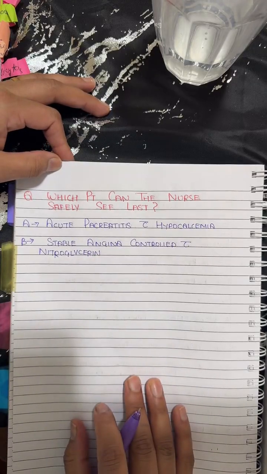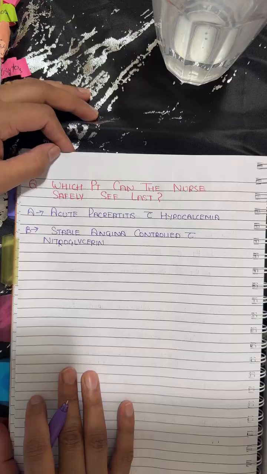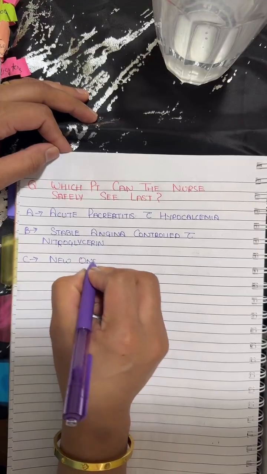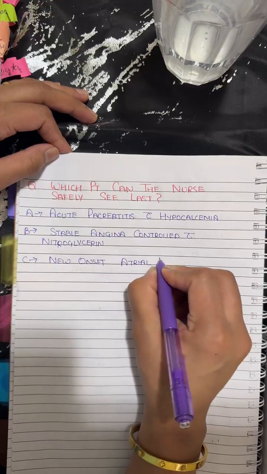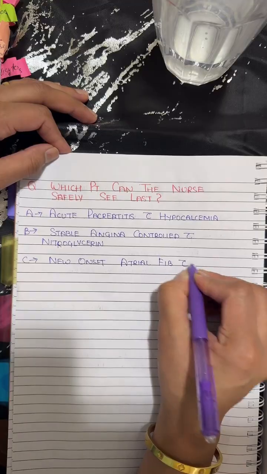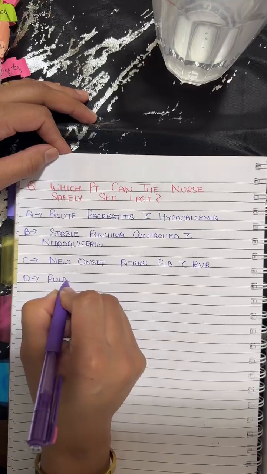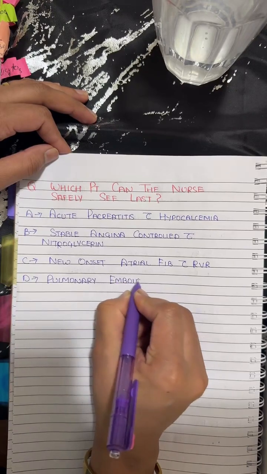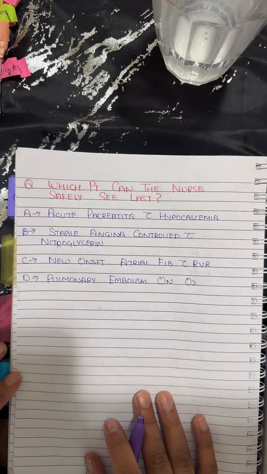C, new onset atrial fibrillation with RVR. D, pulmonary embolism on oxygen. Acute versus unstable versus chronic.